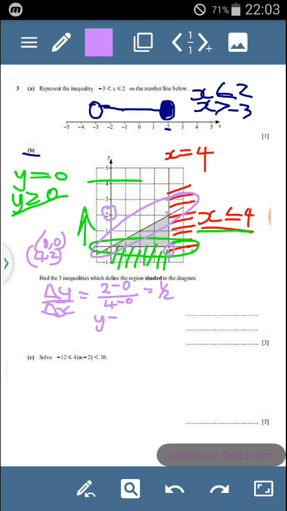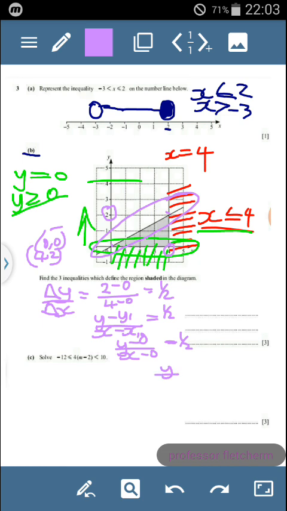Now for our equation, it's going to be y minus y1 over x minus x1, and this is supposed to give us a half. If I take that point, y minus 0 over x minus 0 is supposed to give us a half.